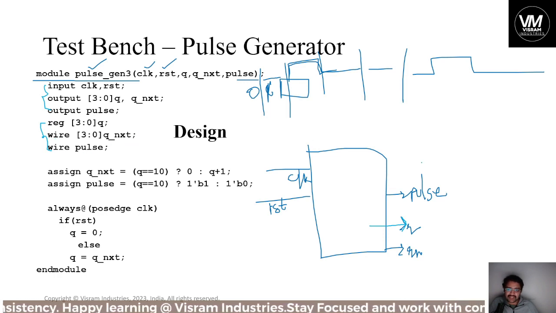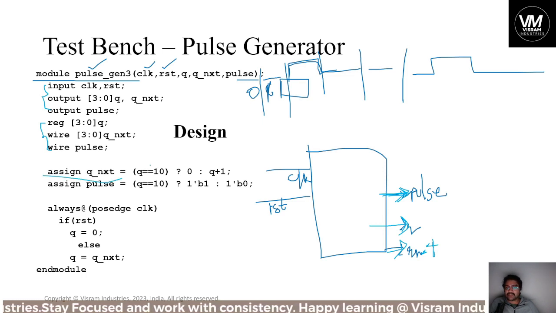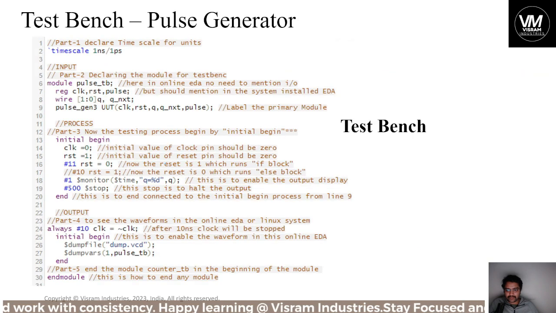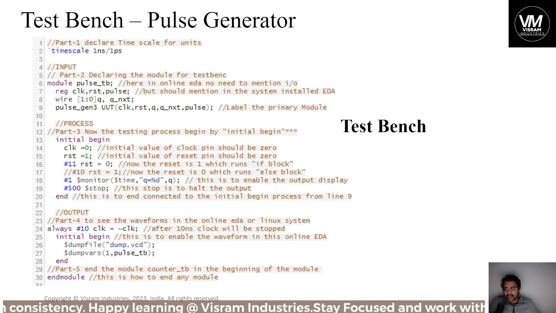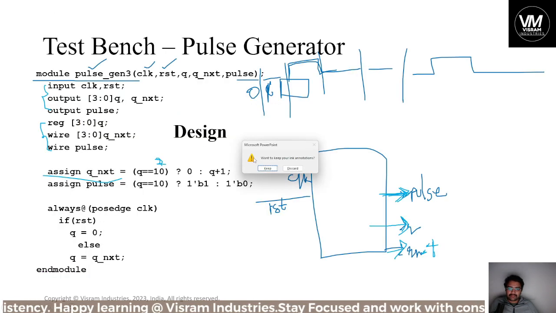Why did we mention this here? Because those can be in out modulus. Q next is this Q next. Assign the values of Q next, how it is taken for modulus 11 or modulus 3. If it is modulus 3, you can mention if Q is equal to 2. For example, I'll let you know. Take it as modulus 11.